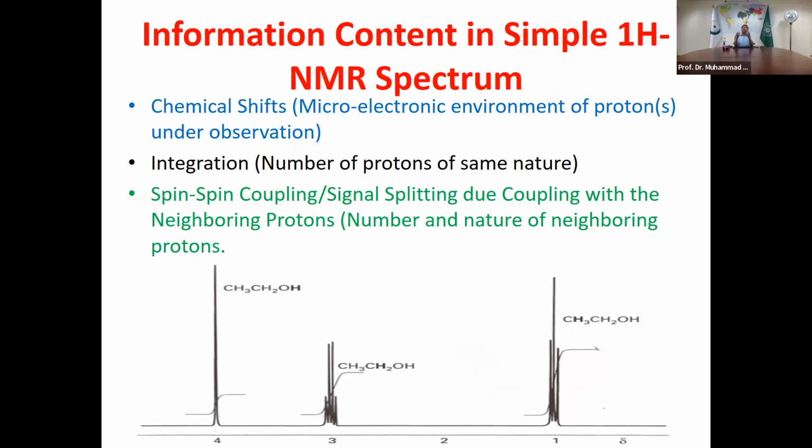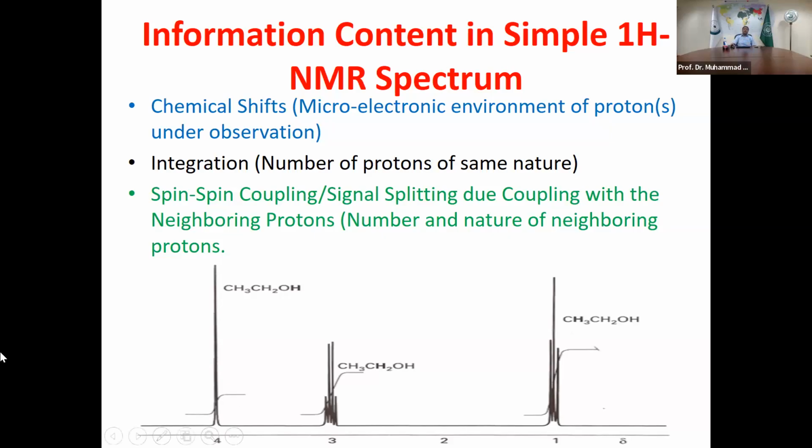It represents the microelectronic environment of the protons, and that actually means structure, because if you know which one is shielded, which one is de-shielded, then you can figure out the structure of a molecule, no matter how complex it is, because it's just a matter of understanding which different types of protons are in different places.